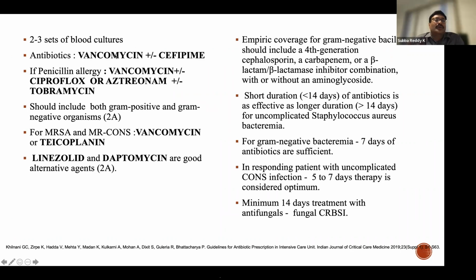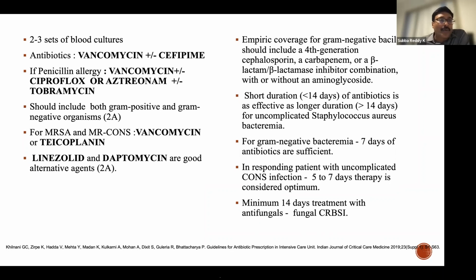So we need 2 to 3 sets of blood cultures for diagnosis of all these infectious causes in the neuro-intensive care unit. You should know how to take a proper blood culture. You have to take 20 to 30 ml of blood, and then clean the surface with chlorhexidine, and then wait for 1 to 2 minutes before you take the cultures.